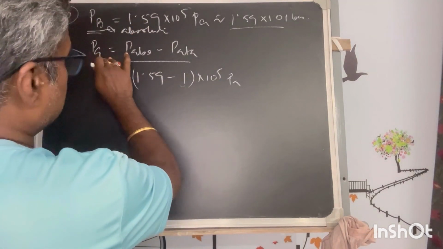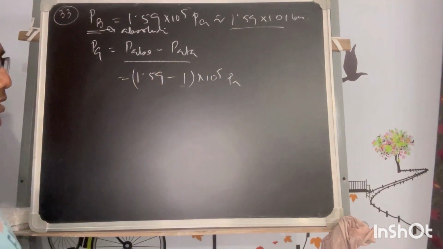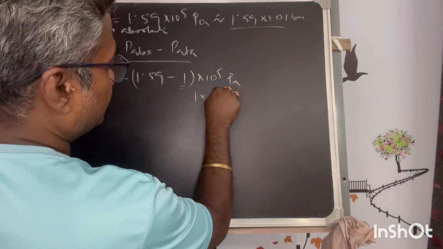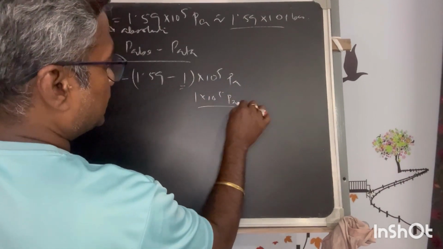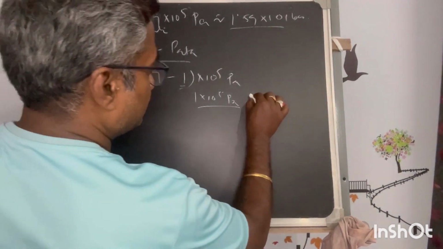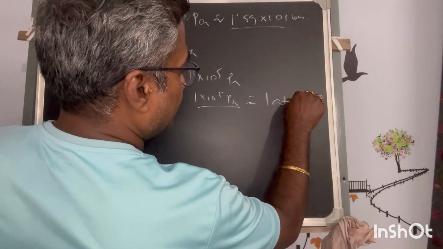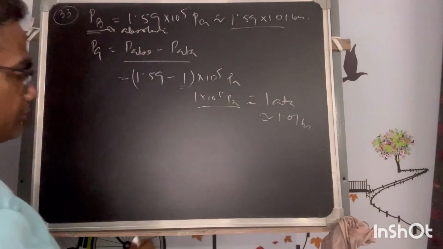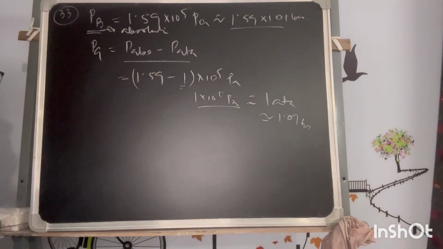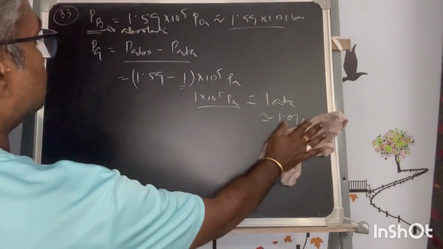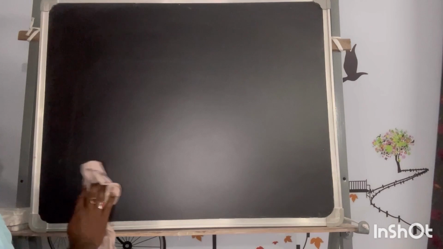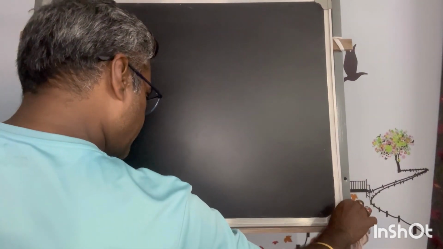So gauge pressure is absolute pressure minus atmospheric pressure, which is 1 into 10 to the power 5 Pascal, or 1 atm, or roughly 1.01 bar. This much has to be deducted from the result. I think I had missed this there, but before starting the next problem, I thought it better to continue with that.